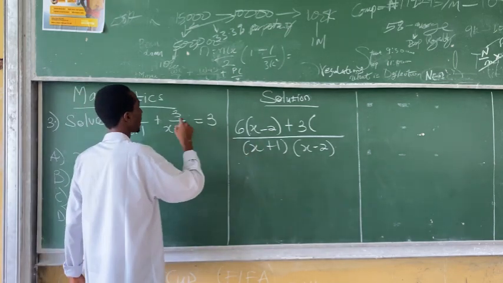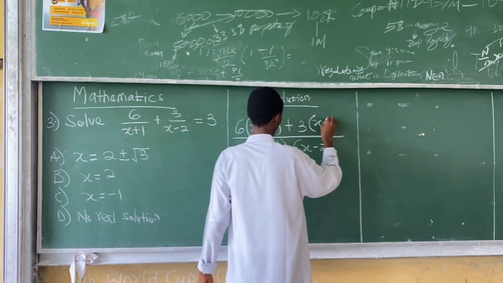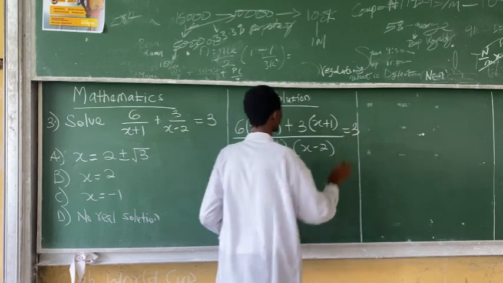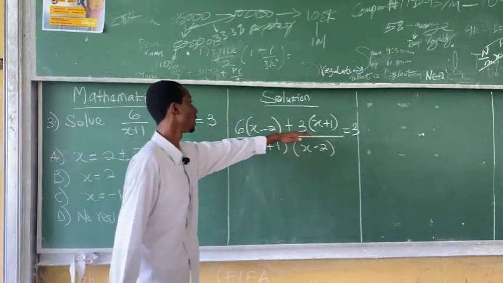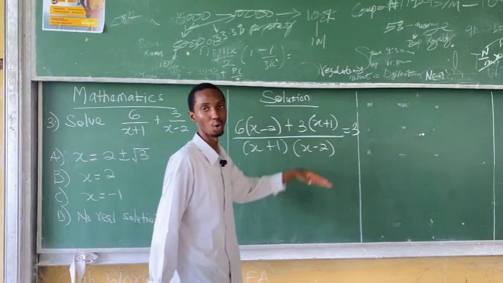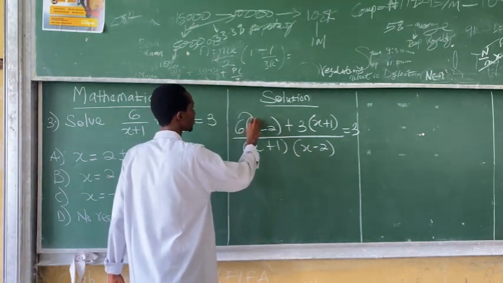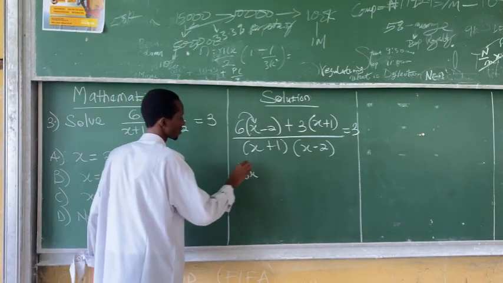So x plus 1 times 3 gives us 3 into x plus 1 is equal to what? 3 from the equation. Now we have gotten this. Let's simplify the what? Numerator. If we expand the numerator, this multiplies this. 6 times x, we have 6x.